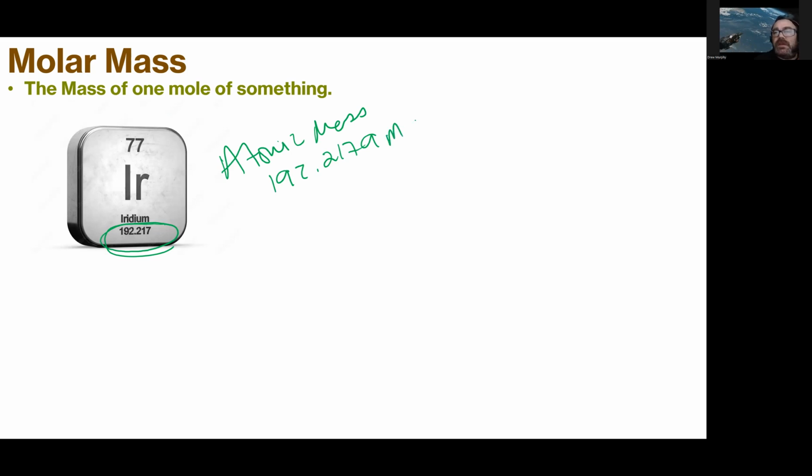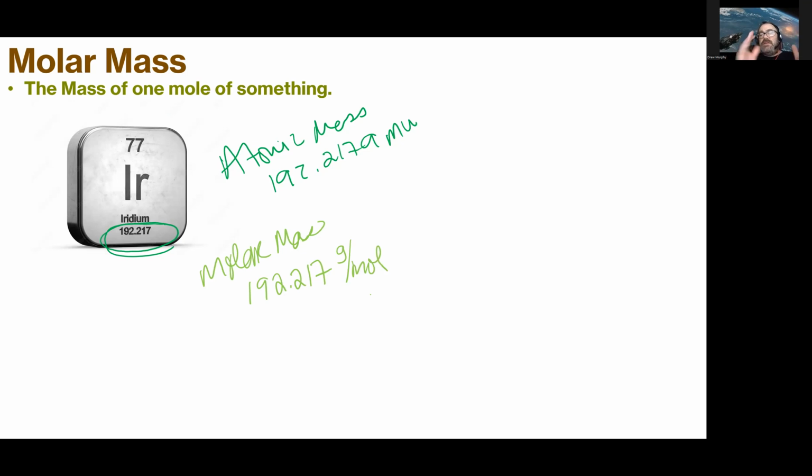If we want to know the molar mass, or the mass of 1 mole of iridium, it's the same number as the atomic mass, but the units are different. Molar mass is still 192.217, but now it's grams per mole.